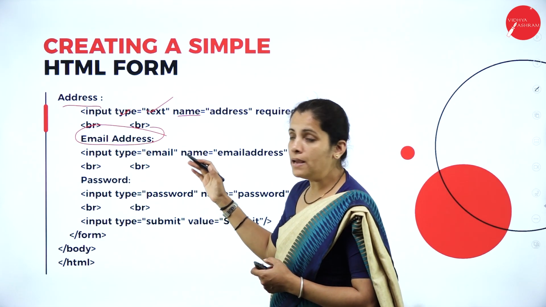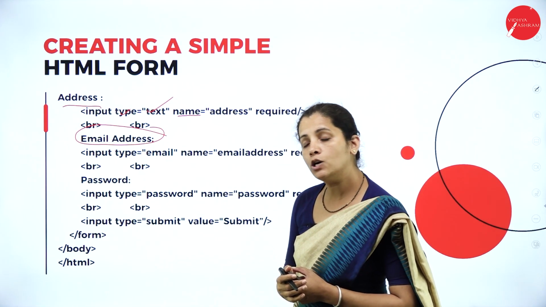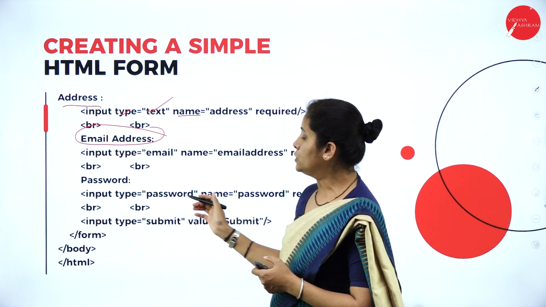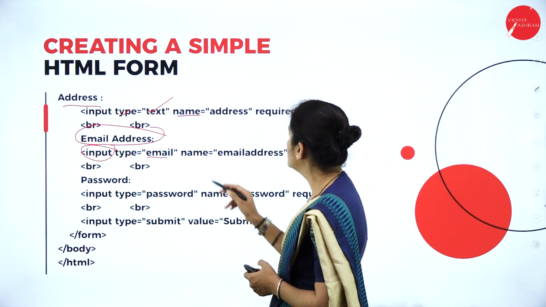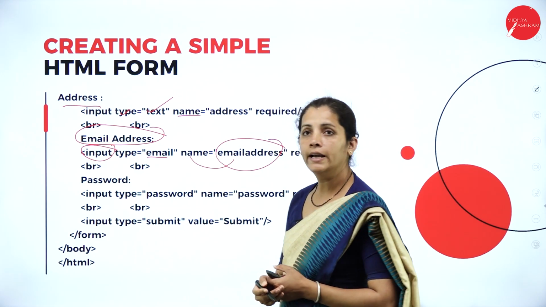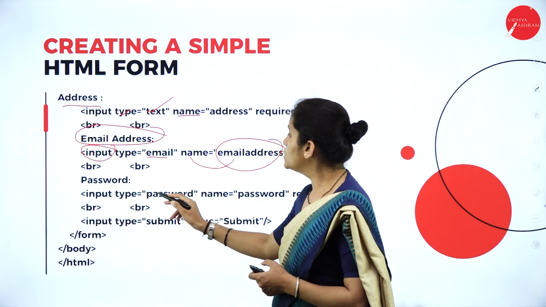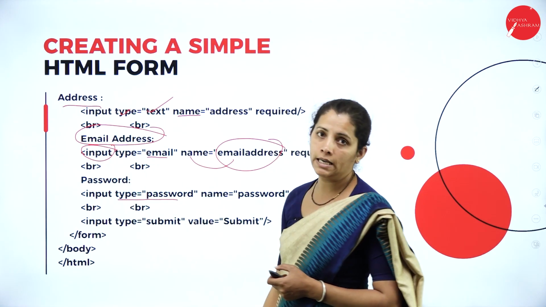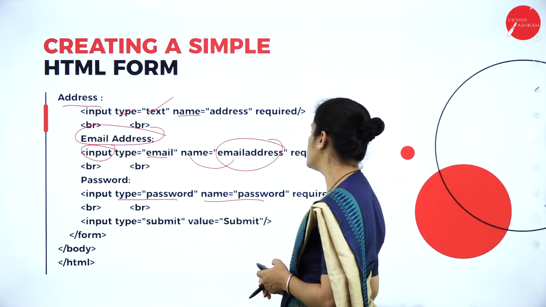In HTML5, I can have the email control, and I can even have controls like password. So my input type here is email, and the name of the control is mail address. Next, my input type is password, and the name of the input is password.